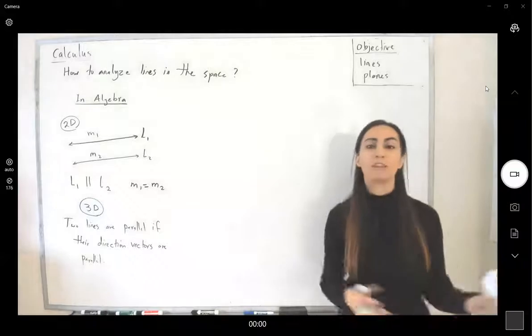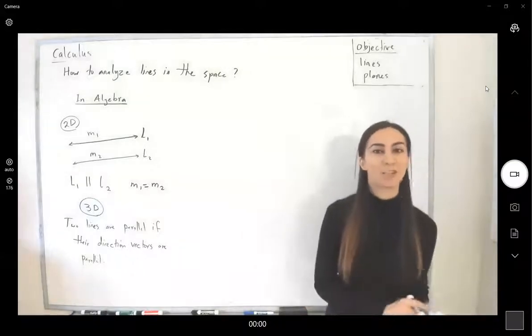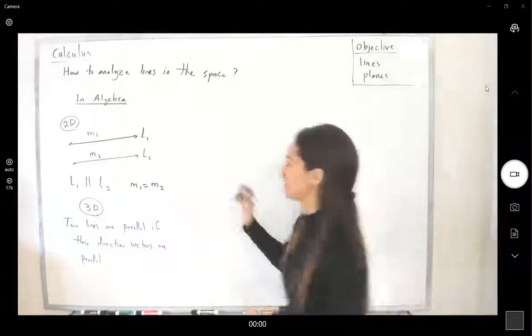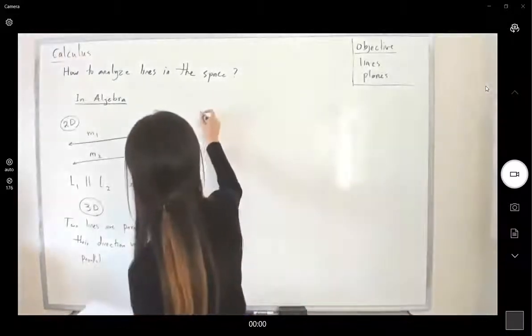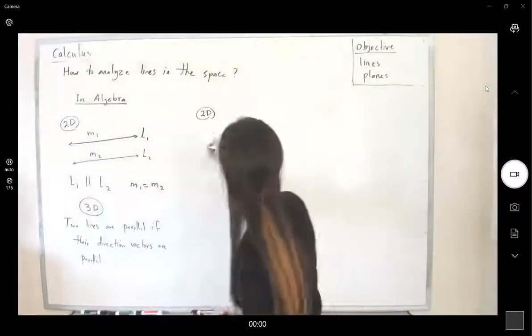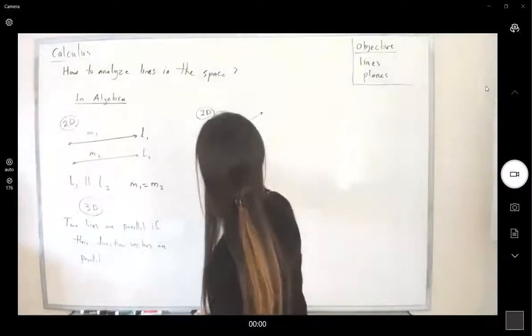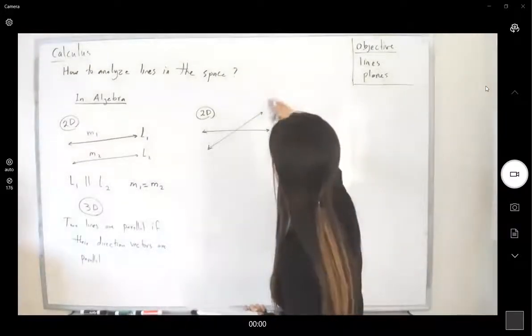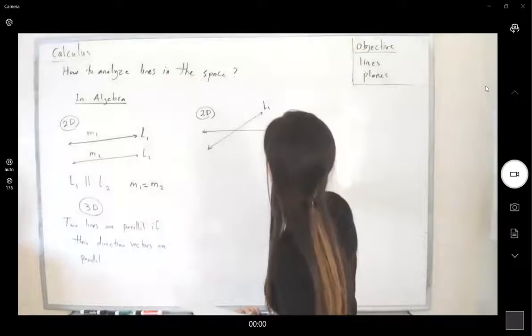Again, in algebra, we learned about intersecting lines, perpendicular lines, or in general, intersecting lines. So in 2D, we say that two lines L1 and L2 are intersecting if they have a point of intersection.